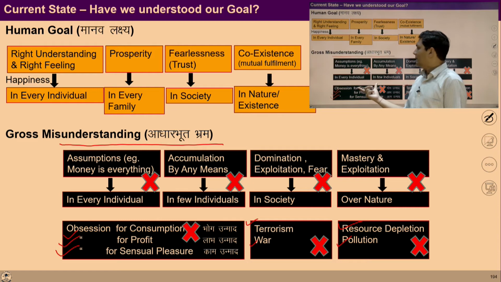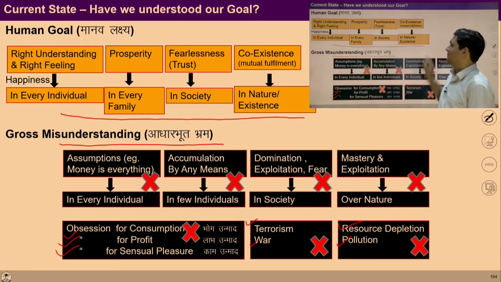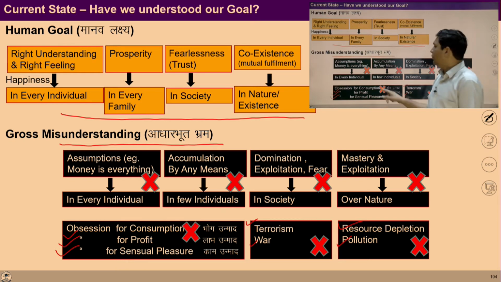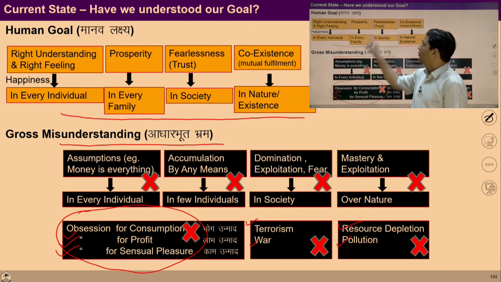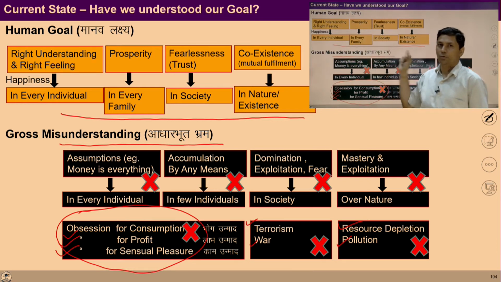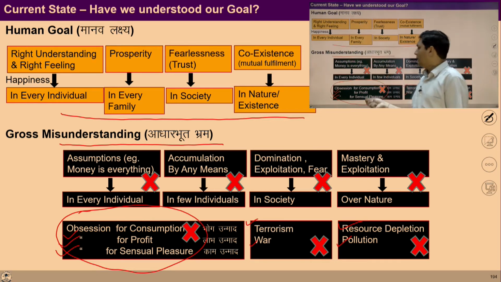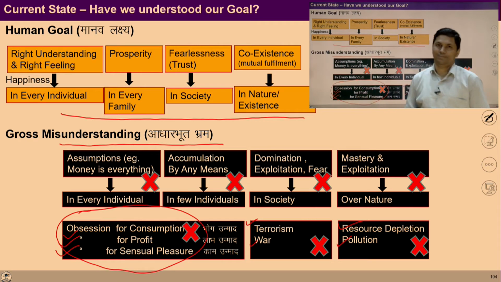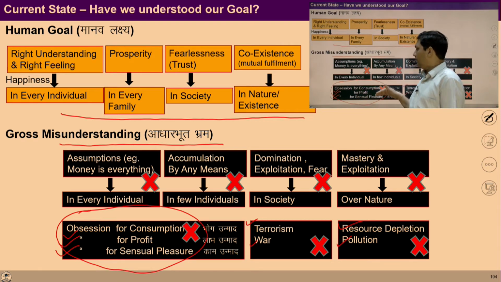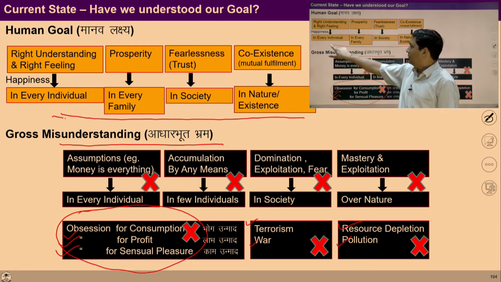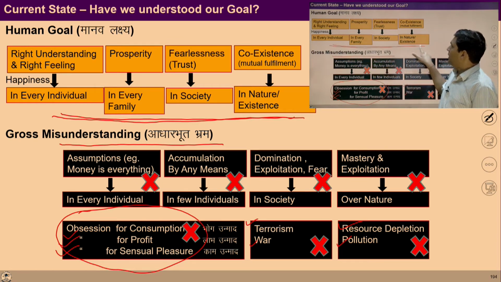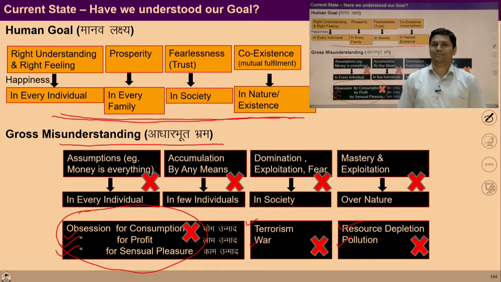Why is it happening? Because of absence of these goals. If we focus only on these problems and we don't have an idea of the solution, then it will again create a problem. These problems can be eliminated in the society by ensuring these goals in everyone.